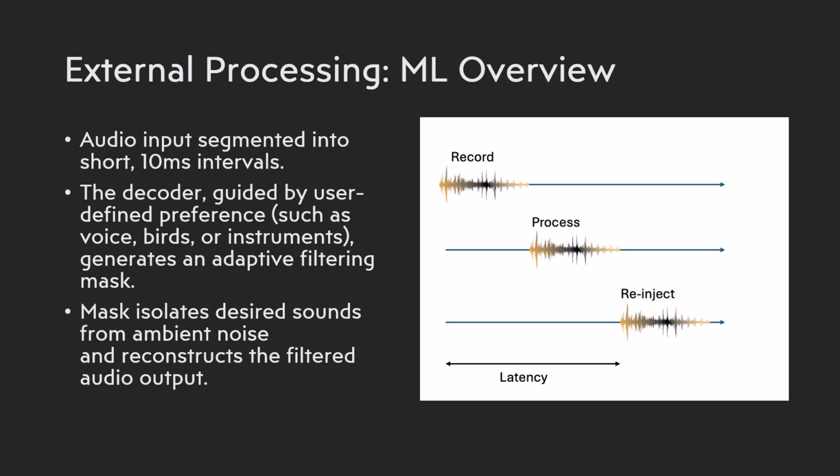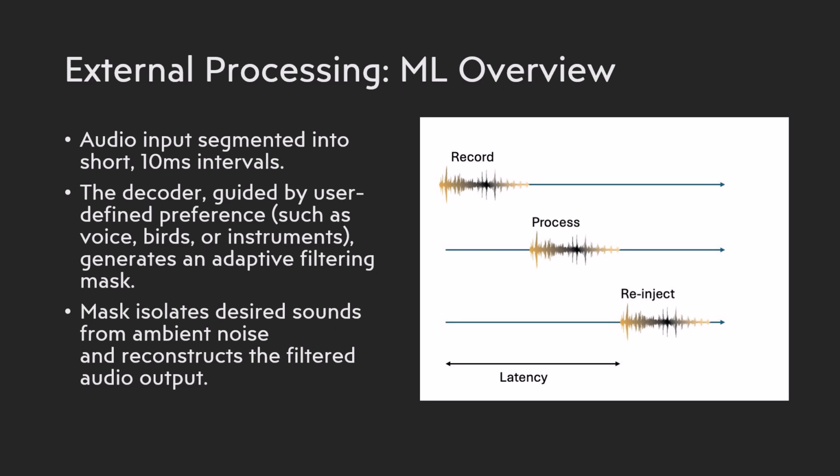So now let's talk about the integration of machine learning. By recording, processing, and re-injecting our signal using a machine learning interface that we're running on a separate computer, we're able to identify sounds from the soundscape without excessive amounts of memory to keep track of every single spectrogram possible. And we're able to classify those sounds, resynthesize them, and then re-inject them into the user's ear in a very streamed format.